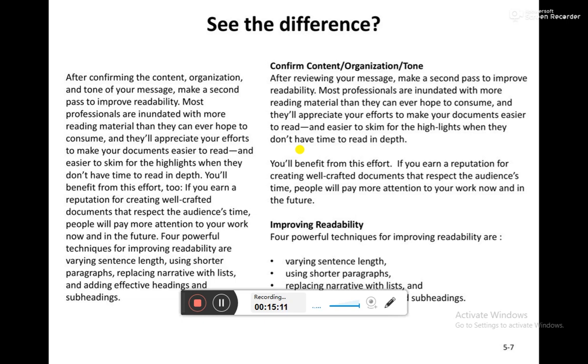So confirm content, organization, and tone. After reviewing your message, make a second pass to improve readability. Most professionals are inundated with more reading material than they can ever hope to consume, and they will appreciate your efforts to make your documents easier to read.